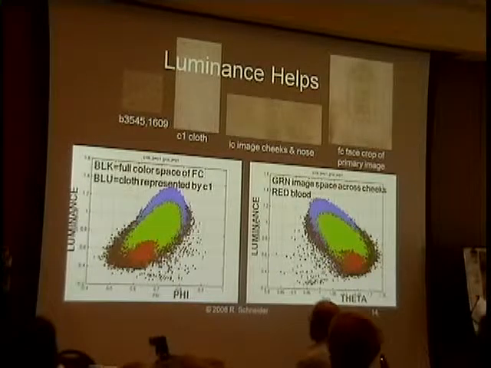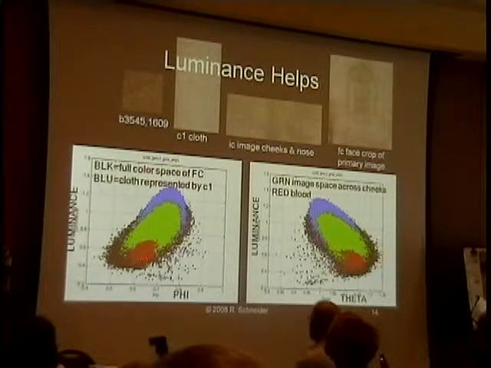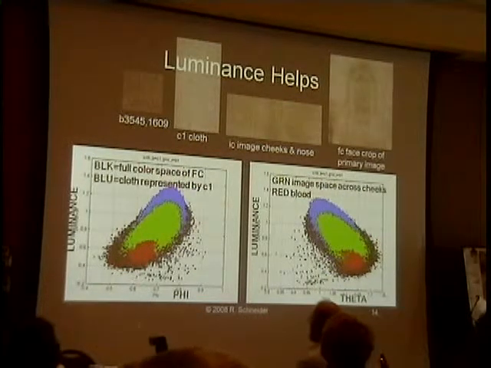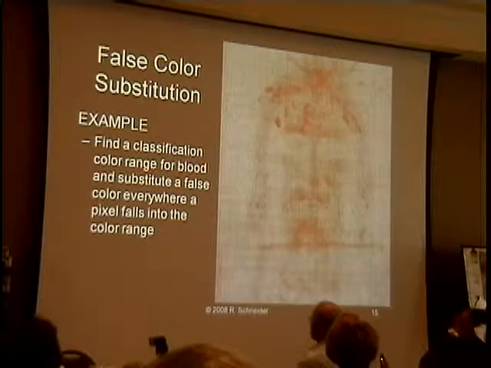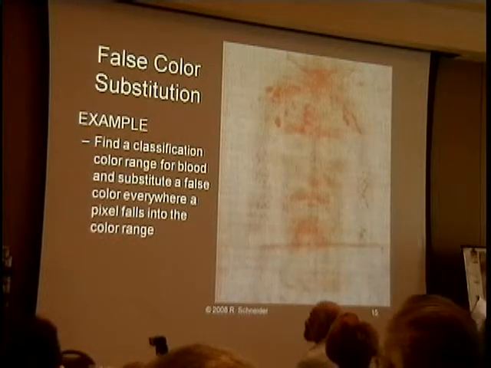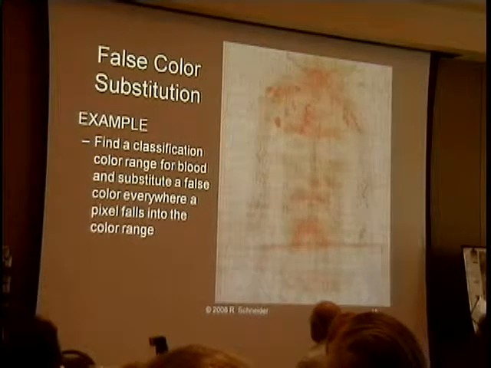But it's still pretty tough to divide. Even blood obviously is very dark. So down is dark, up is light, and phi and theta are the two dimensions of the color space. Now, getting a little bit ahead of my story.